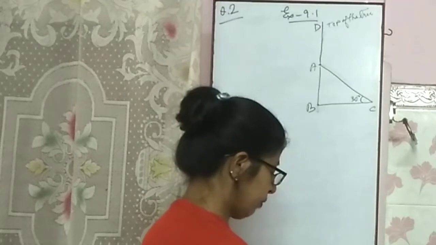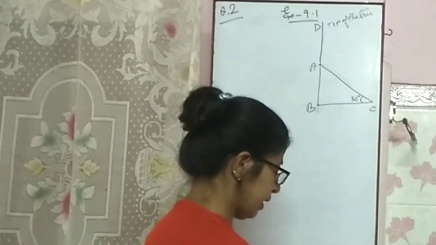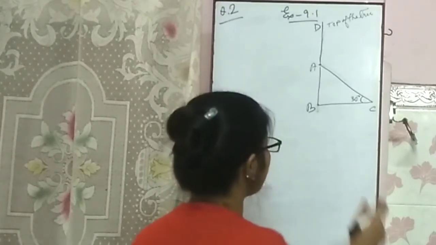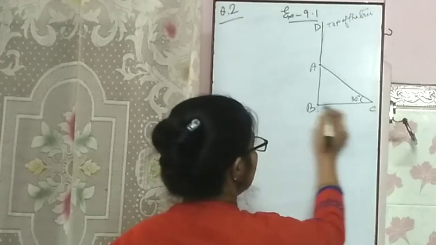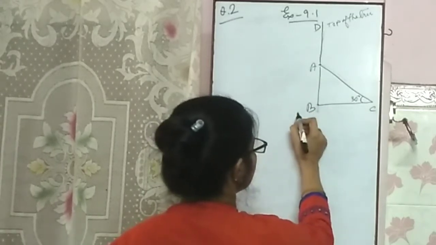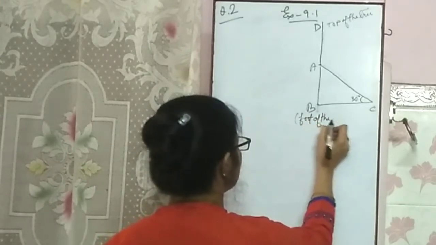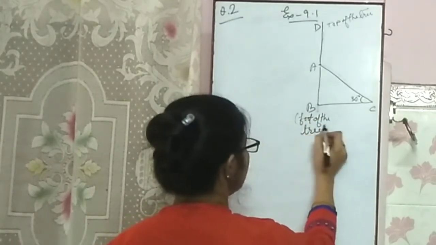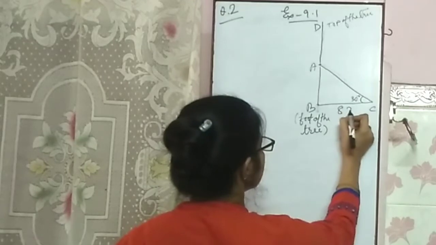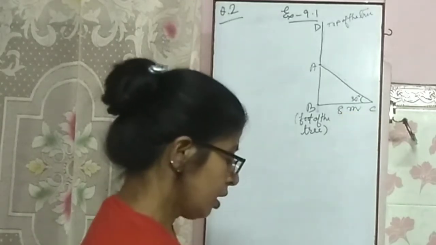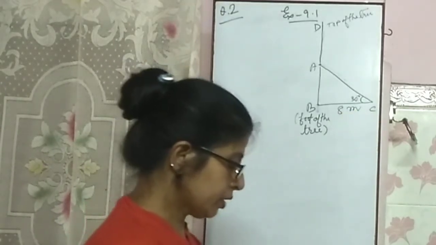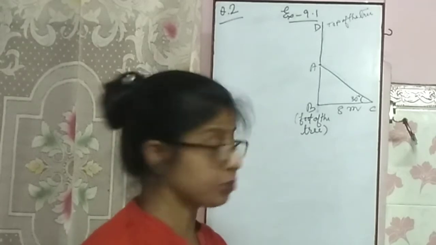The distance between the foot of the tree to the point where the top touches the ground is 8 meter. Just these two things are given. Find the height of the tree.